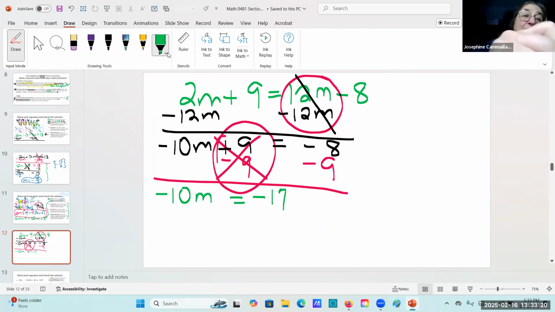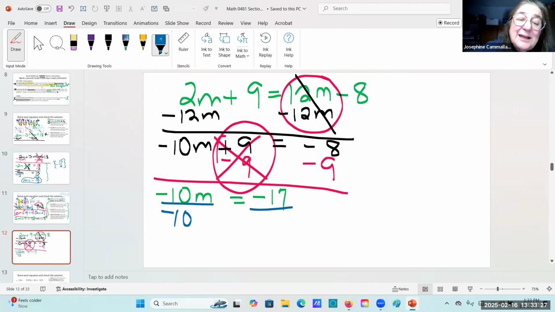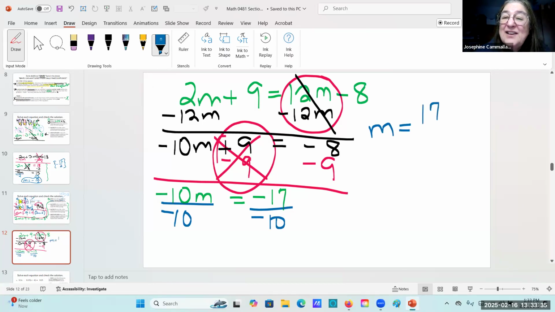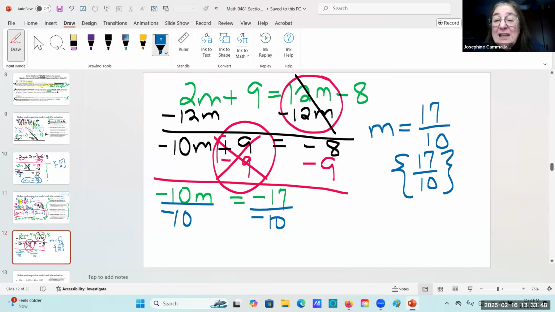I'm then going to make dumplings. I'm dividing by negative 10. This gives me m is equal to a positive 17/10. Or again, the solution set is 17/10. We are not making mixed numbers.